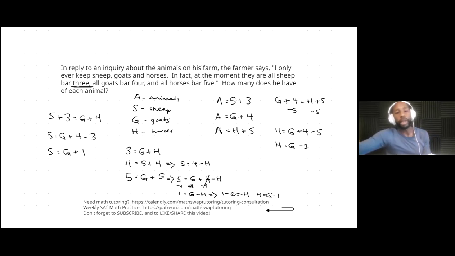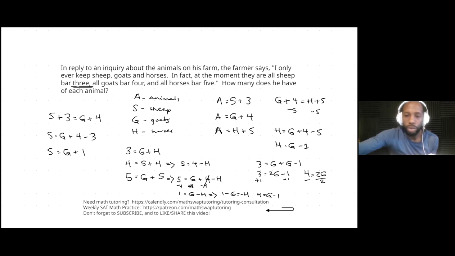Okay, now we can plug that into here for H. So 3 is going to be equal to G plus G minus 1. So 3 is equal to 2G minus 1. Move the 1 to the other side. So 4 is equal to 2G. So we have 2 goats.